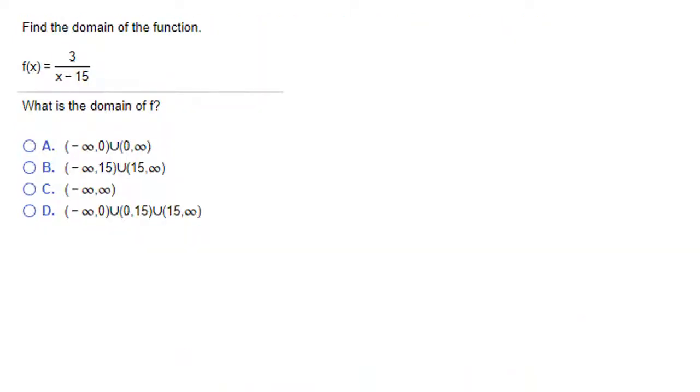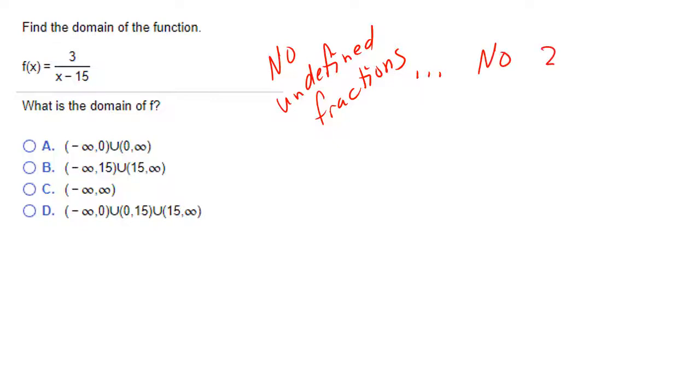Now we look at the domain of a function. Since this is a fraction, we do not want undefined fractions. A couple problems back, we realized that when you have a 0 denominator, that's what would give you an undefined fraction.